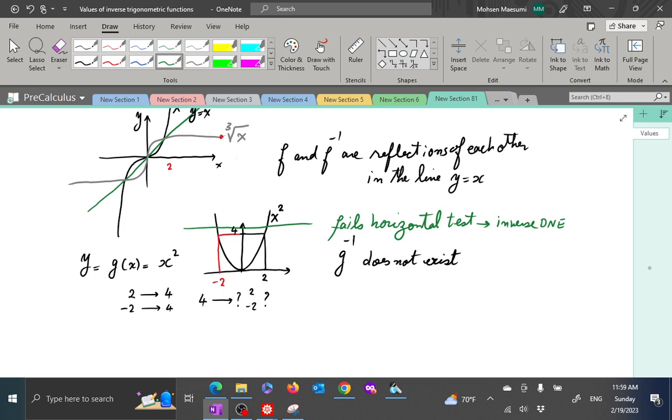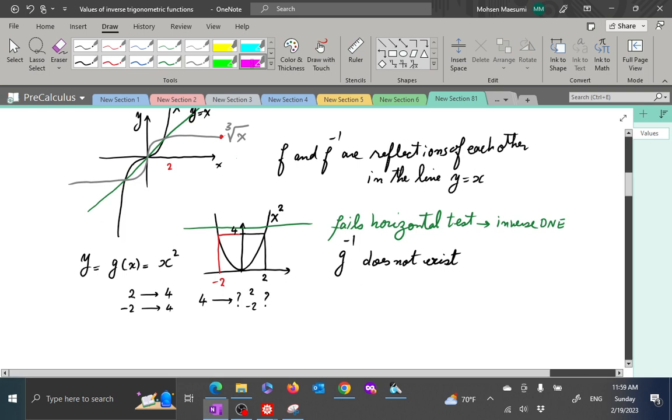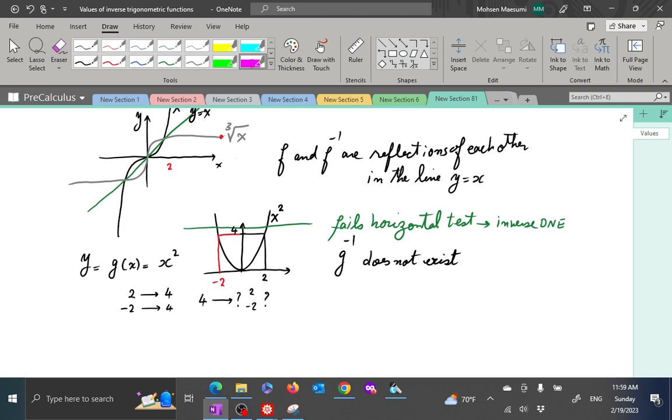So what do we do? A rather simple-minded thing we are going to do is throw away half of the baby. We like this parabola a lot, but it's causing confusion, so let's throw away half of it.